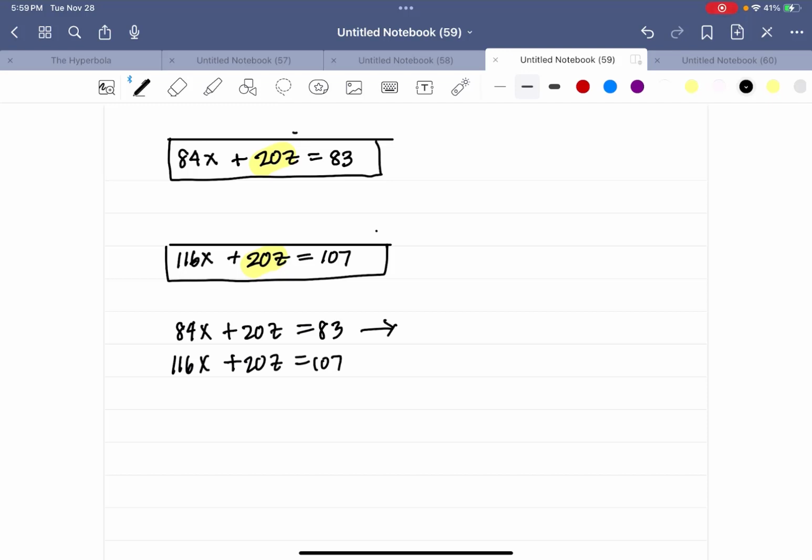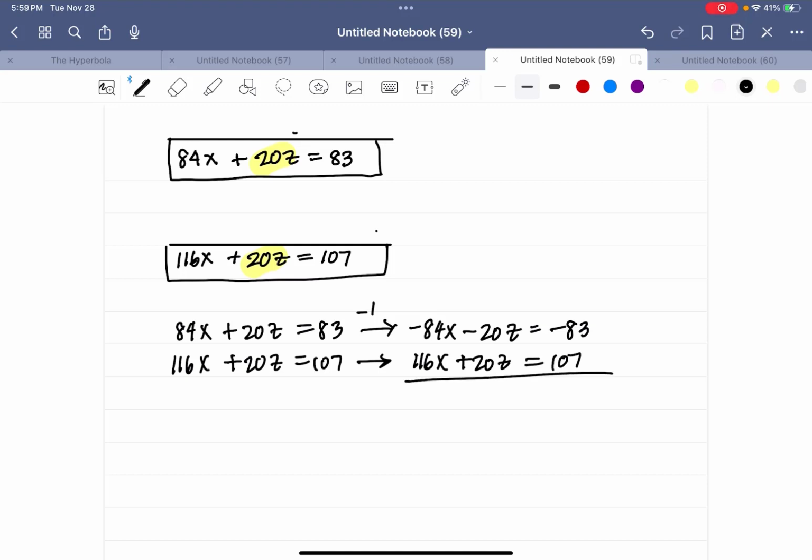I'll multiply this one by negative 1: negative 84x, negative 20z, negative 83. And this one is 116x plus 20z equals 107.